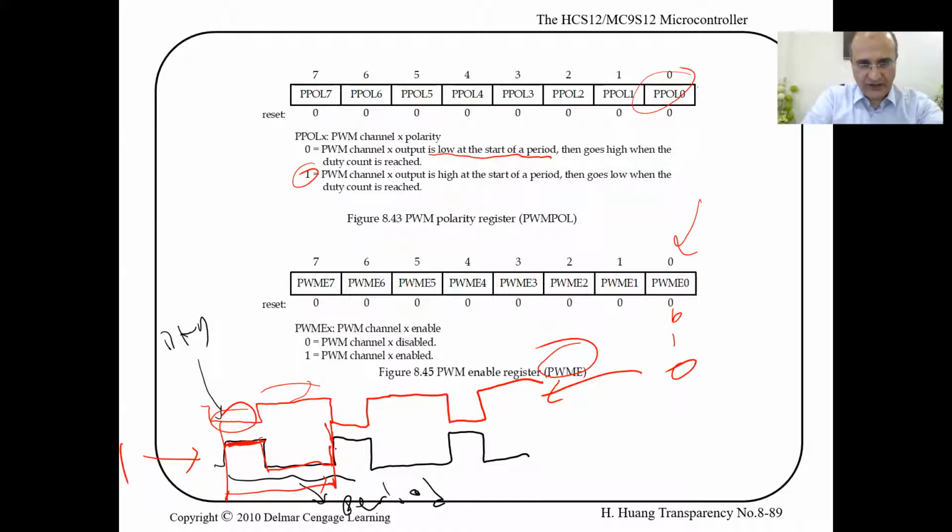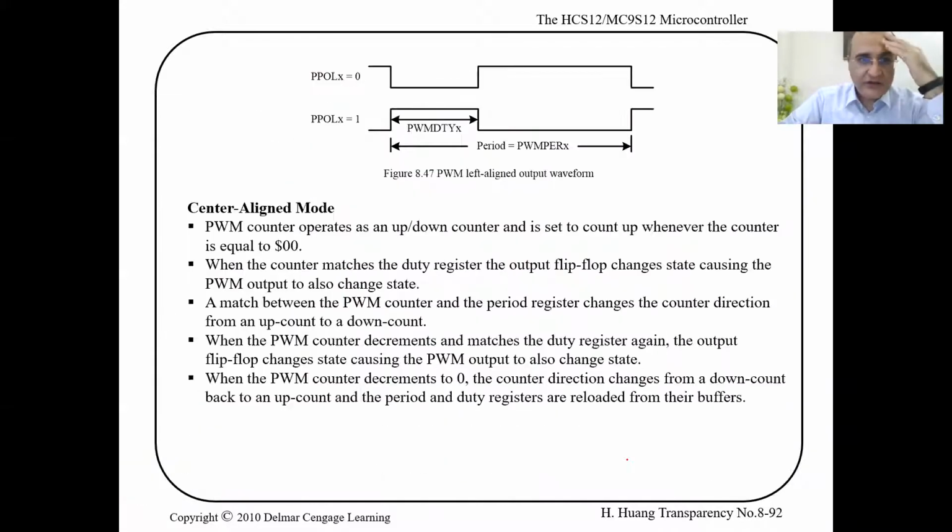Then we started another cycle here. We ended here. So our count high, the duty starts, is aligned to the left. Okay. We can choose to make it in the center, something that would look like this. So this is left aligned. We started high, went low in the 1 polarity. In the 0, we start low and go high.